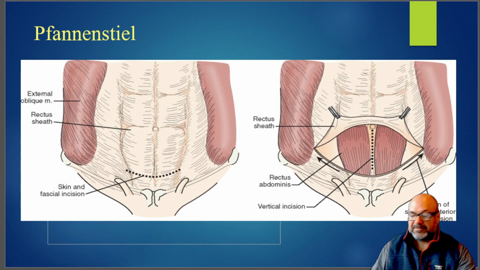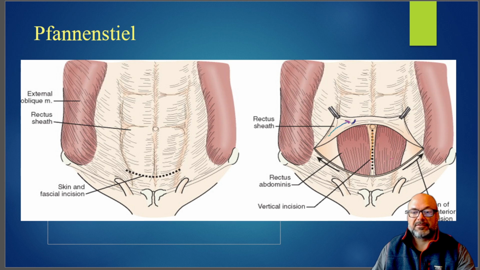All right, so Pfannenstiel, again, we've gone through skin and subcutaneous here, so we're down to the fascia itself. The fascia here is, after it's incised, reflected up and separated from the underlying rectus muscle. So we've got this nice big opening in fascia, and then bluntly and sharply dissected it off of rectus.